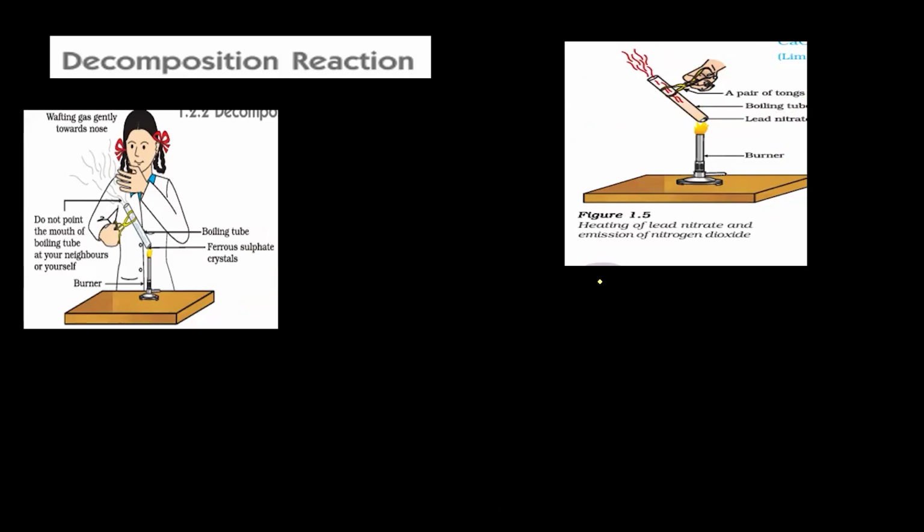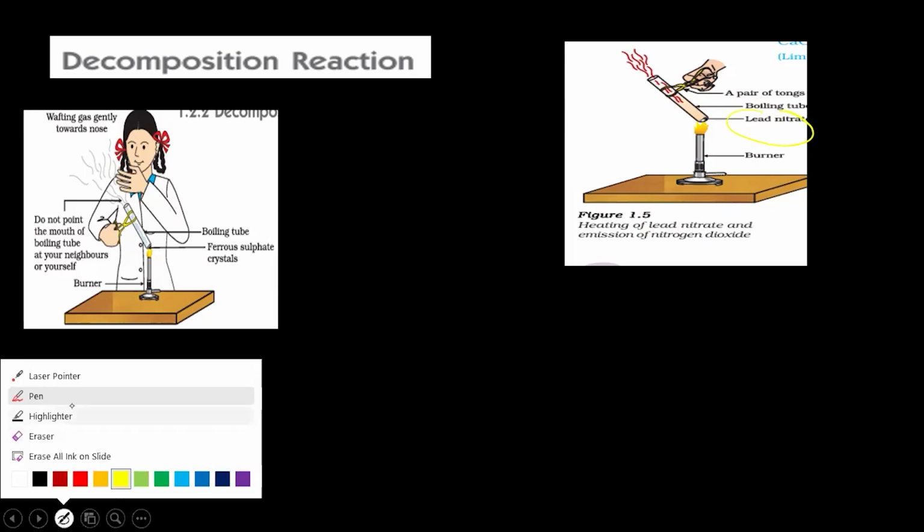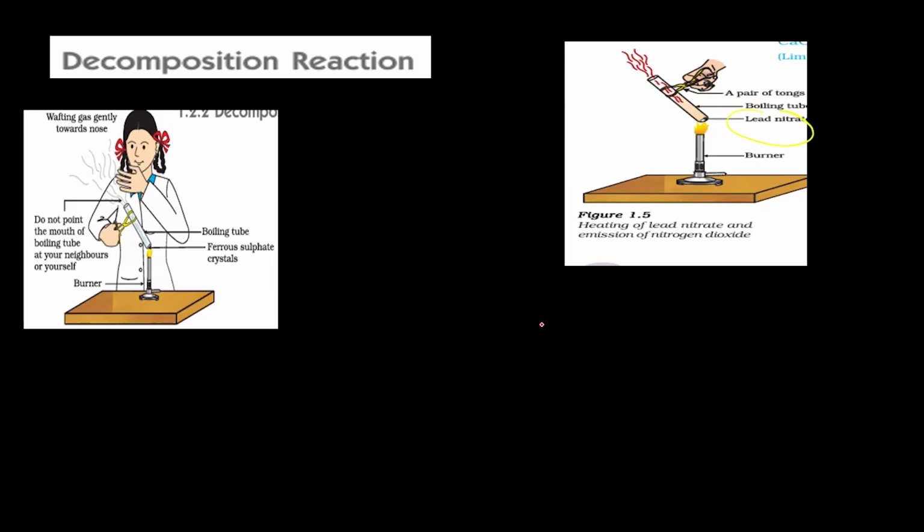Now again we have another reaction. We are heating lead nitrate. We can see here lead nitrate. What is the formula of lead nitrate? Pb(NO3)2. We are heating lead nitrate, and you can see some gas evolving.